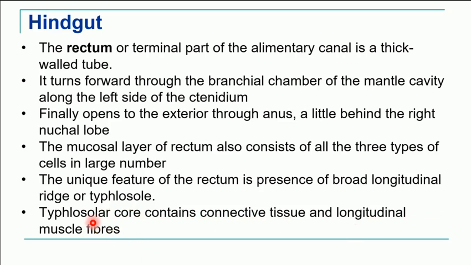So if I summarize the rectum, it starts from the intestine, then it runs through the branchial chamber of the mantle cavity, then to the ctenidium, and finally it opens in the form of the anus just near the right nostril lobe, and it is unique in that it has this typhlosole, which is nothing but a ridge-like structure, and the core of the typhlosole contains many connective tissues and longitudinal muscle fibers.